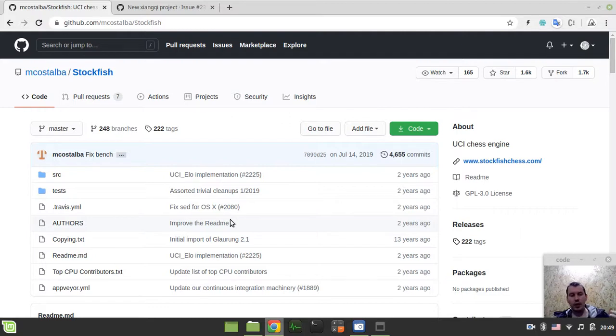CCRL stands for Computer Chess Rating List. That's the list having, if not all the available chess engines in the world, then at the very least lots of chess engines, hundreds of them. But there is no such list for Chinese chess, believe it or not.